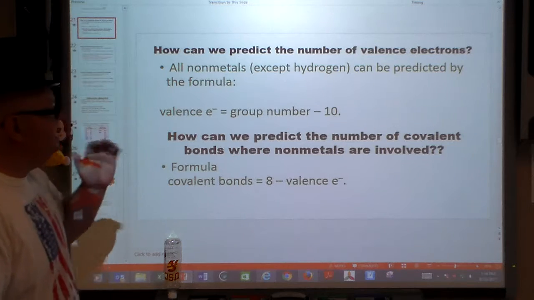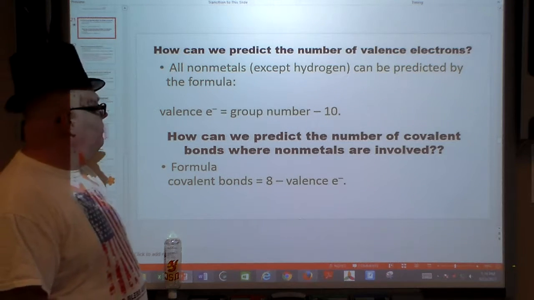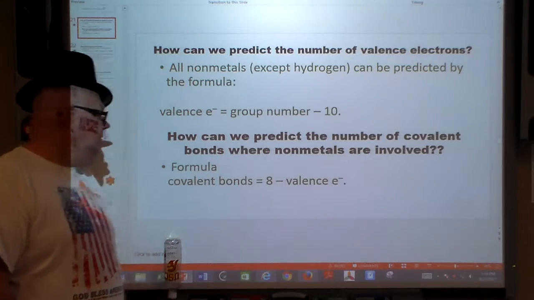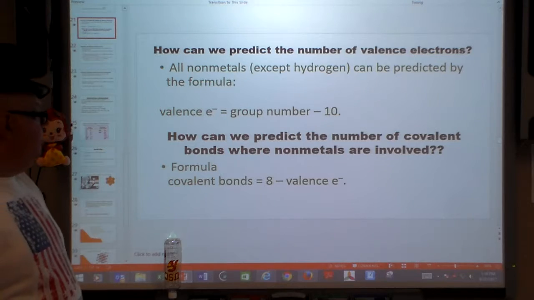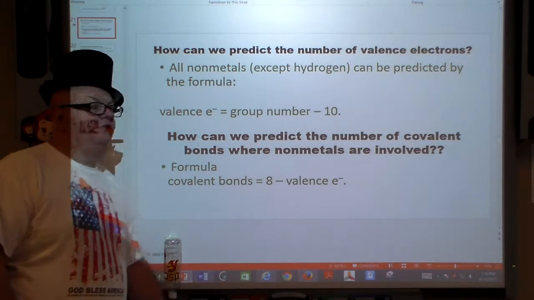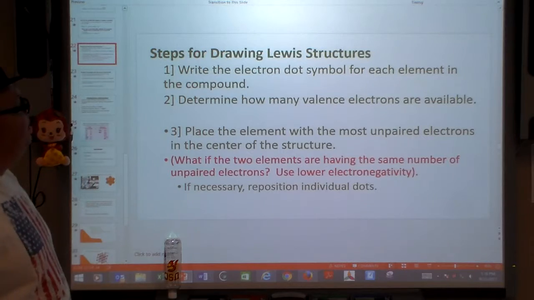That's a very quick, easy way. Now, how can we predict the number of covalent bonds where nonmetals are involved? Formula: covalent bonds equals 8 minus the number of valence electrons. So it's a quick, easy formula on that.